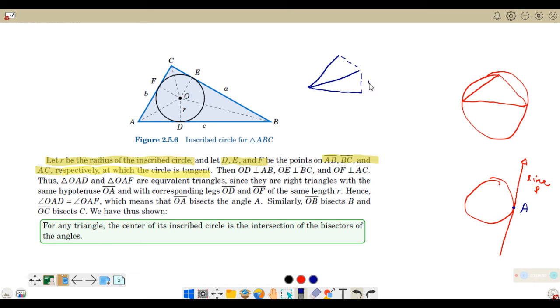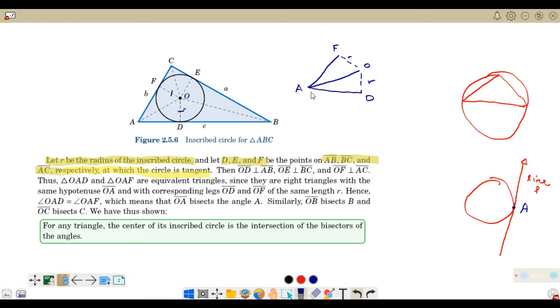So, this is R, this is O, this is D. This is the radius. This is F, which is also R. This is also a radius. Since these two are congruent, they are radii of the same circle.